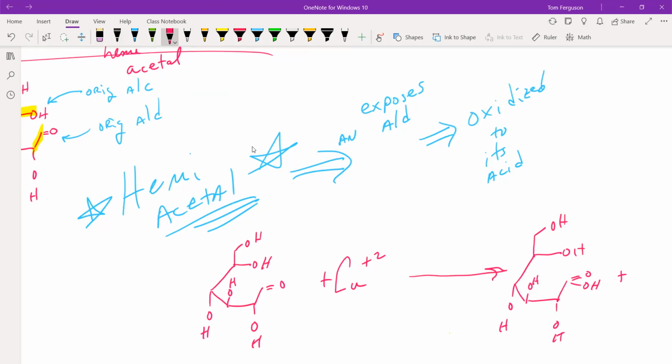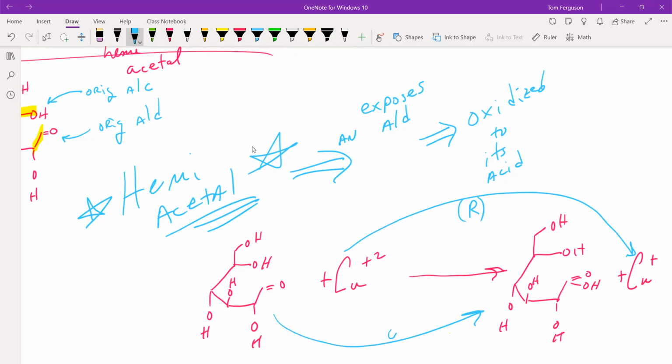And the copper plus 2 is going to be reduced to copper plus 1. And the aldehyde is going to be oxidized to the acid.